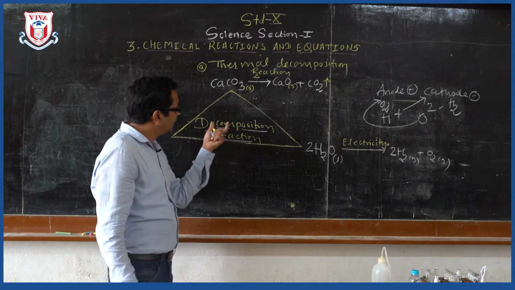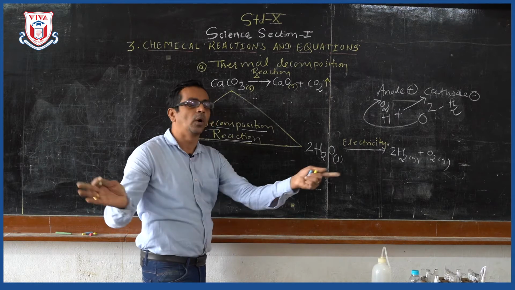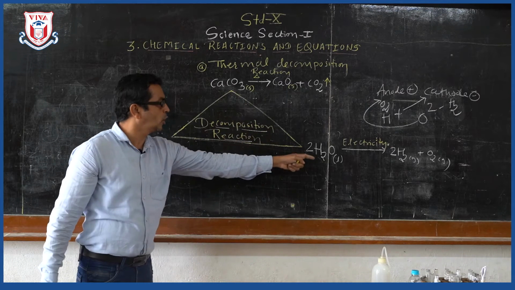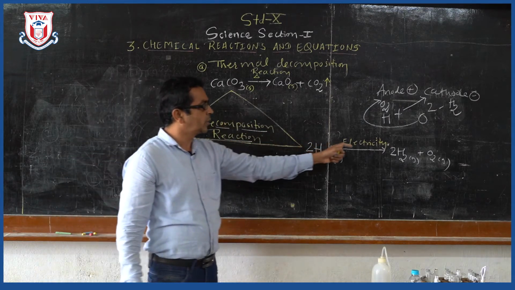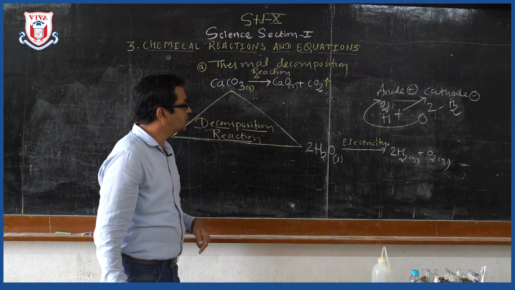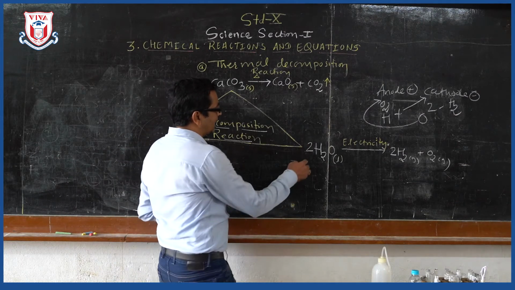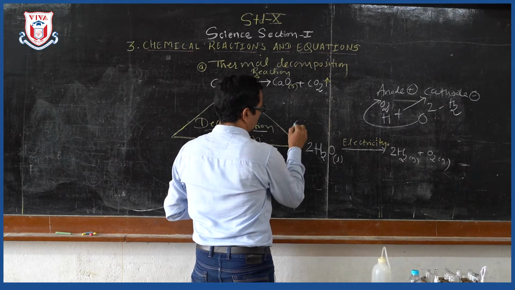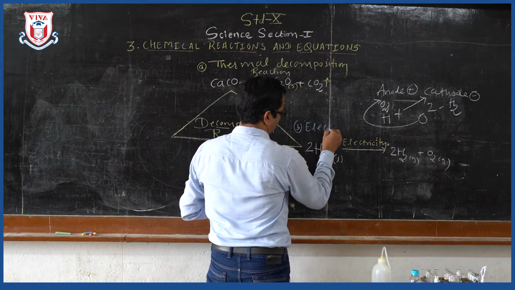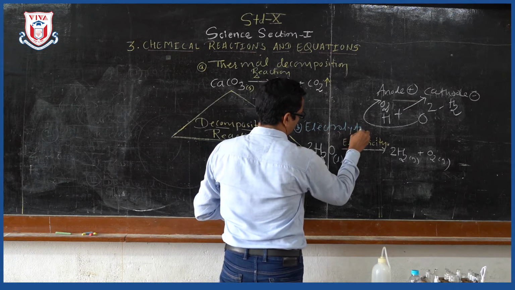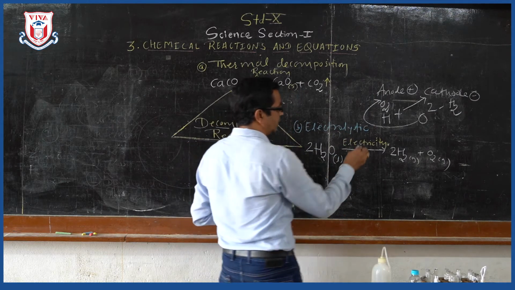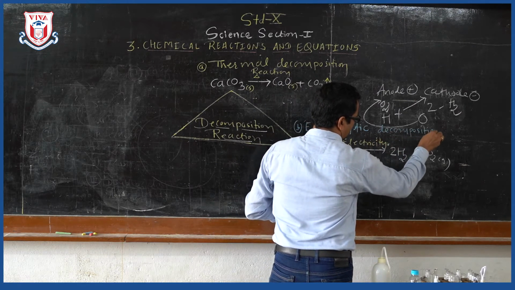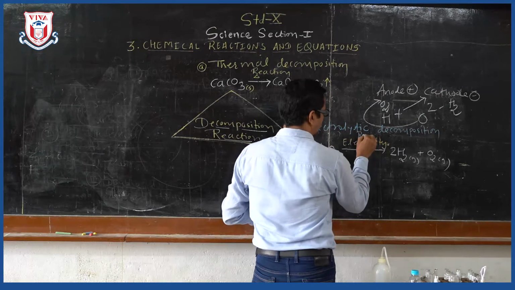So again, decomposition: we split water into hydrogen and oxygen, and that's why this is also an example of decomposition. But since here we use electricity, this example we will call an electrolytic decomposition reaction.